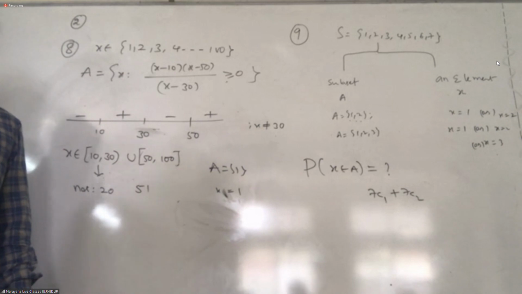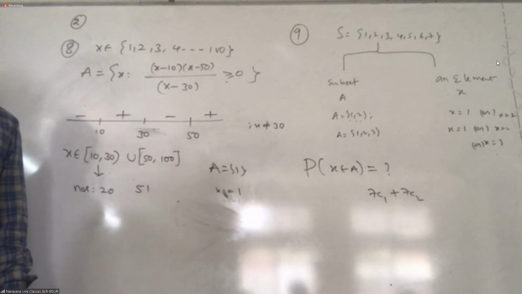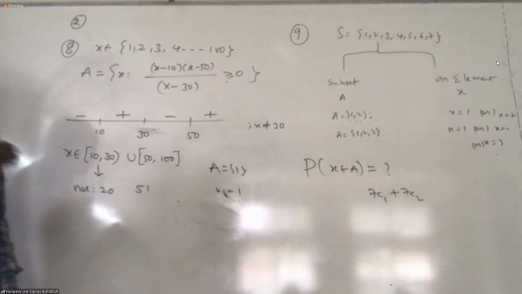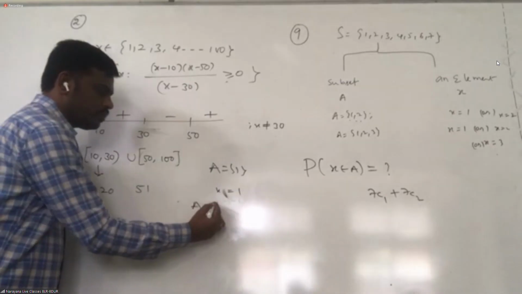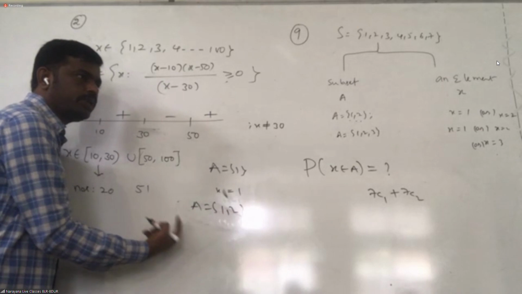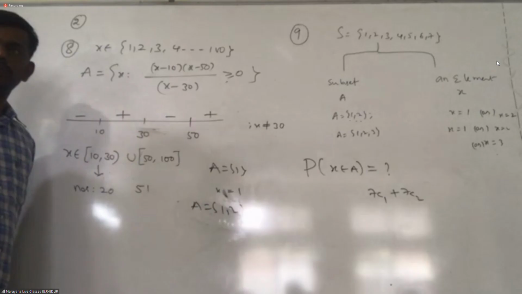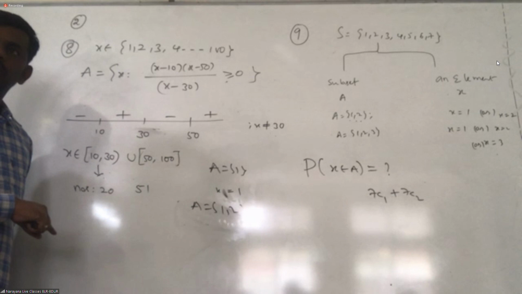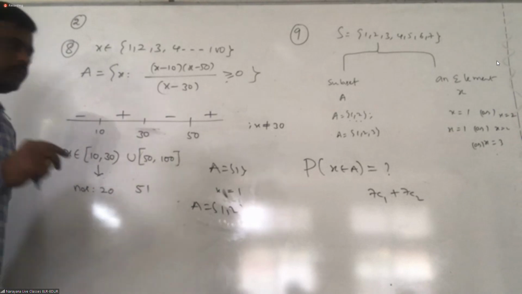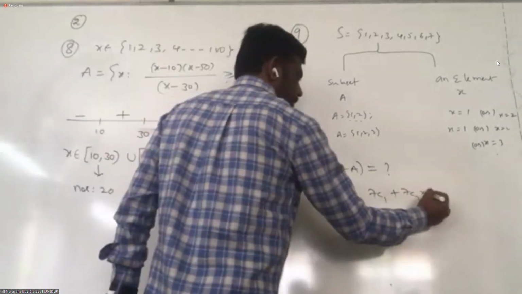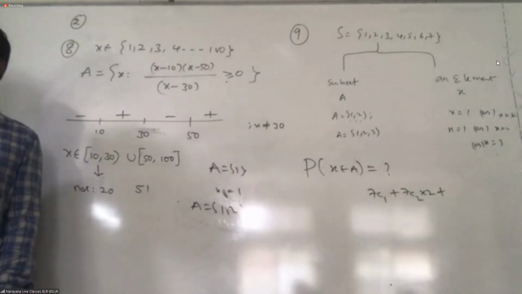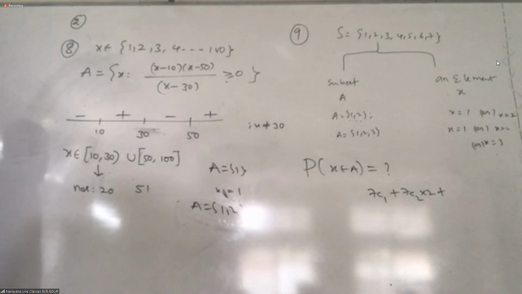But now you need X. What are the possibilities for X now? Suppose you take A containing two elements, 1, 2. What are the possibilities we have for X? Two possibilities. X can be 1 or X can be 2. Next, I am taking a subset containing 3 elements.